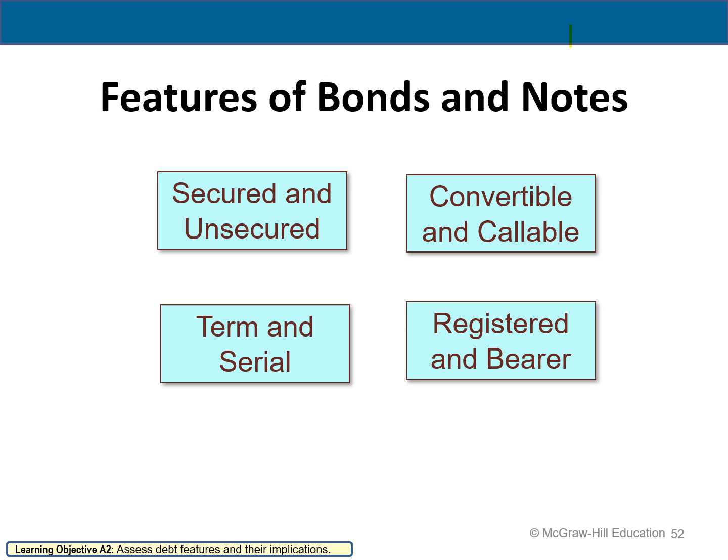Okay, and then registered bonds are issued in the names and addresses of their holders. The issuer makes bond payments by sending checks or transfers to the registered holders. Bonds payable to whoever holds them, the bearer, are called bearer bonds or unregistered bonds.